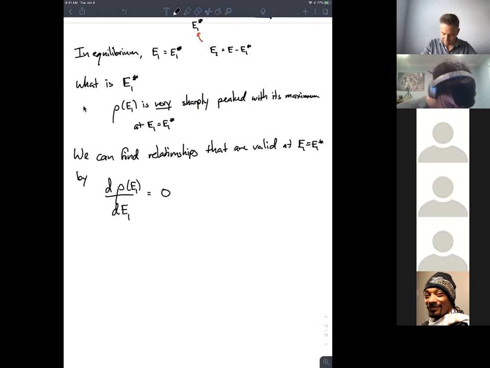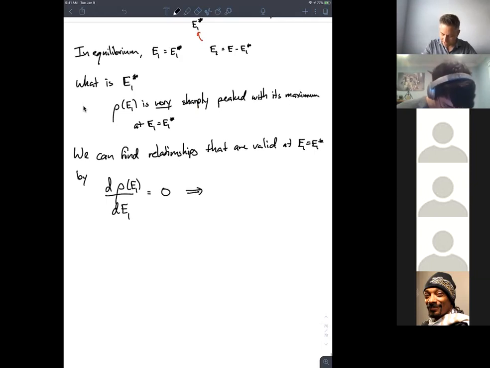Doing this will allow us to figure out where E1 star is and how E1 star and E2 star relate to one another. Okay, everybody cool?